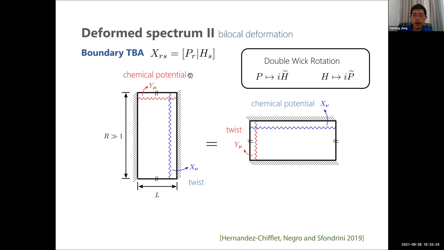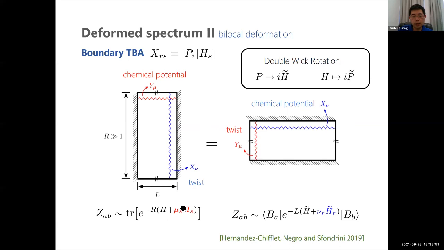And you see, after this double Wick rotation, the chemical potential in the original channel becomes the twist, and the twist becomes the chemical potential. So they swap their roles. This was first found in the paper of Hernández-Chifflet, Negro, and Franzini in the torus case. Here we generalize it to the cylinder case, but the logic is similar.